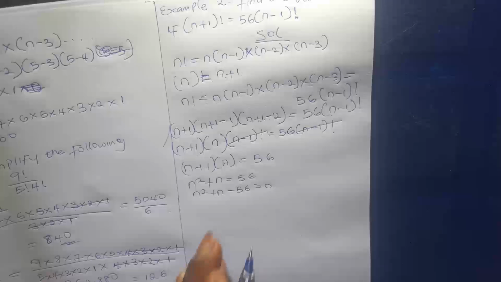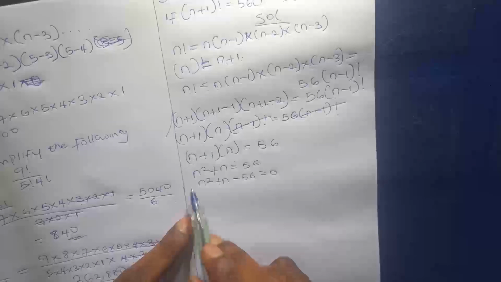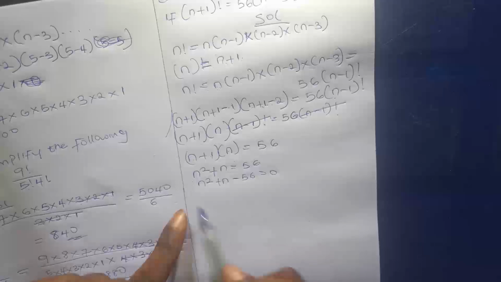Now there's also another method of solving it, but for now I just want to expand. Later on we're going to use that method. Now, starting from here, we can use three methods: completing the square method, factorization method, or the almighty formula.